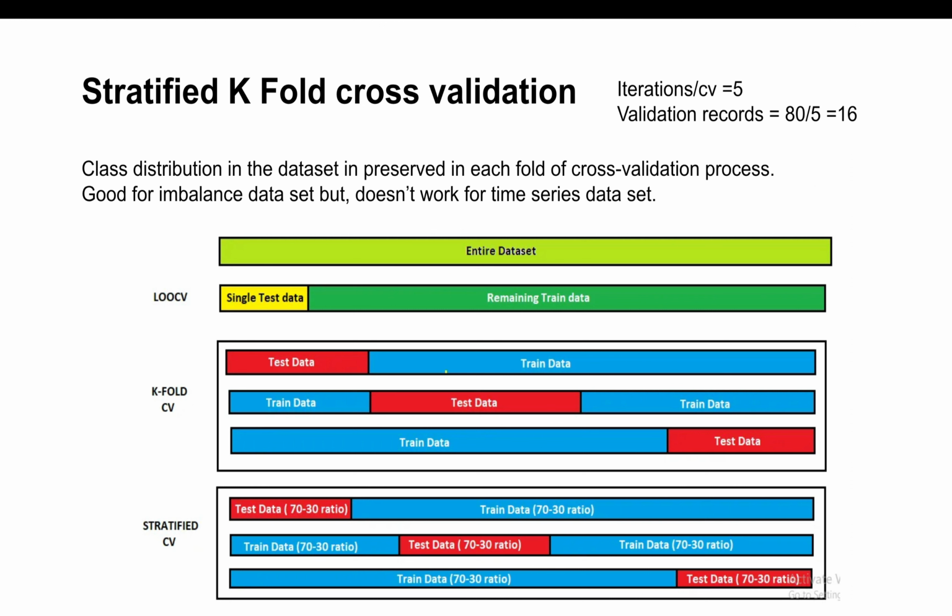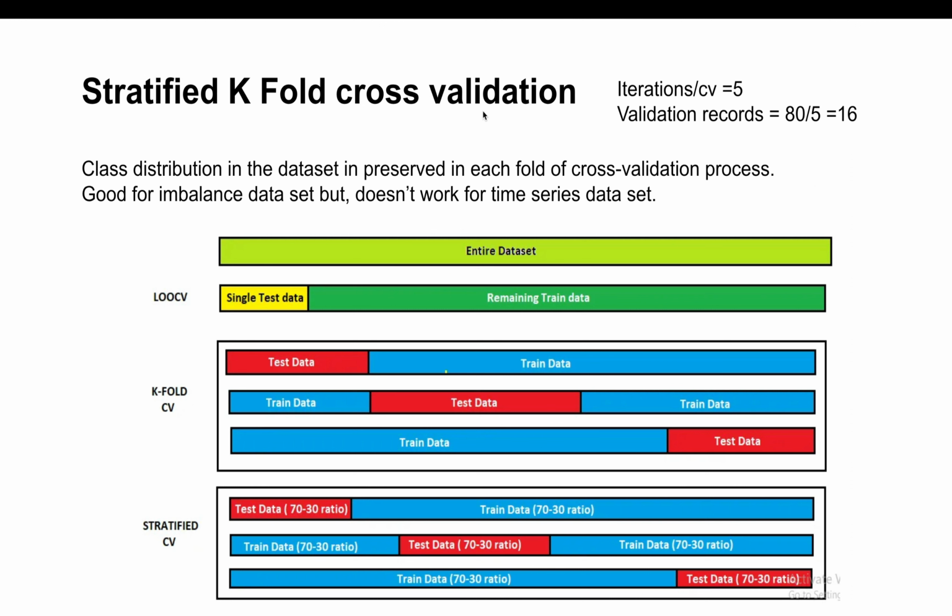In that case, you define that in each iteration, I am going to use 70% of class A and 30% of class B, or 60% of class A and 40% of class B, or 50-50 of each: 50% class A records and 50% class B records. So that is called your stratified KFold cross validation.